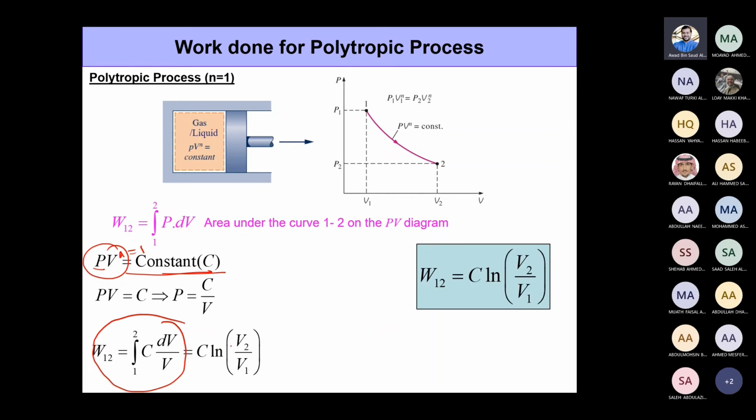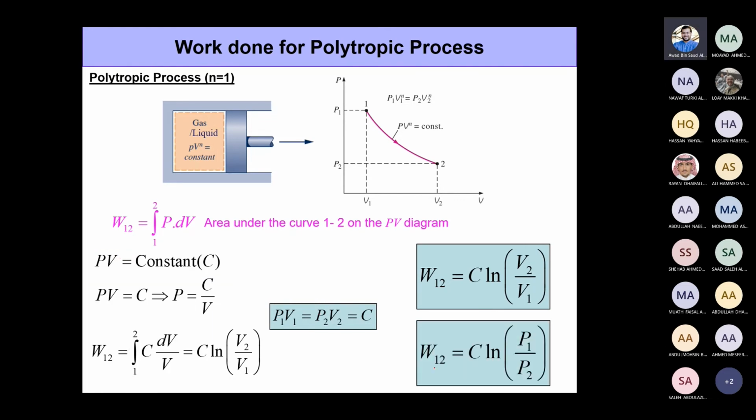Now, this can be written in terms of the ratios of volumes if you want, or you can also write it in terms of the ratios of pressure. Again, by using the same expression here and writing V is C by P. It does not matter. It's your option. Okay. When you do so, you can also get the output for work in terms of the pressures. Both are going to give you exactly the same answers, and you use any one depending on what's available to you.